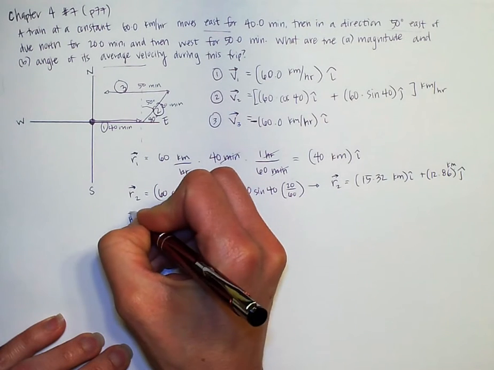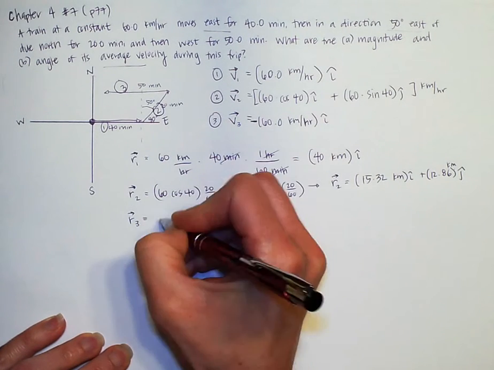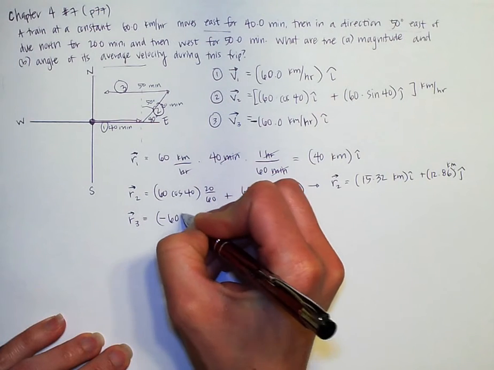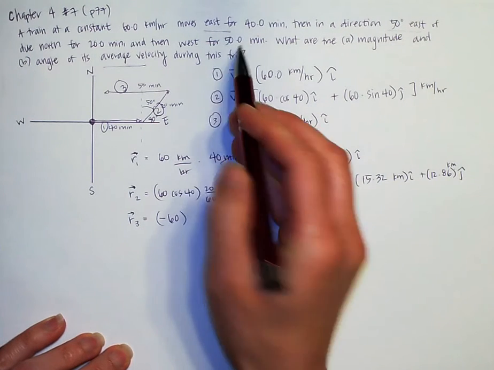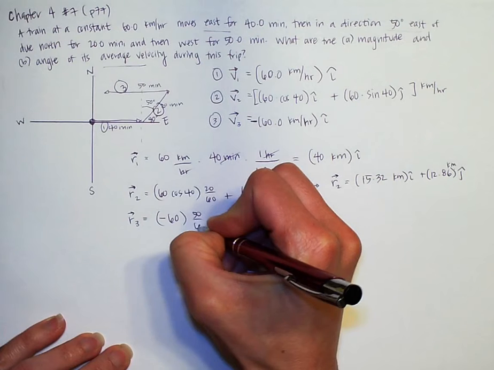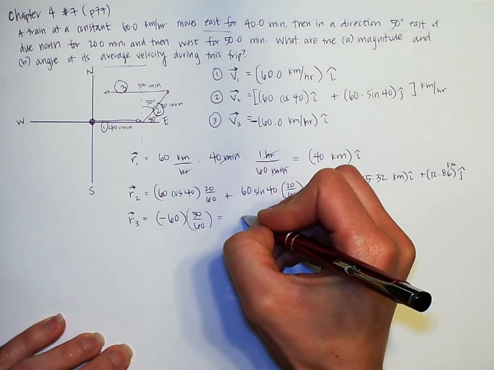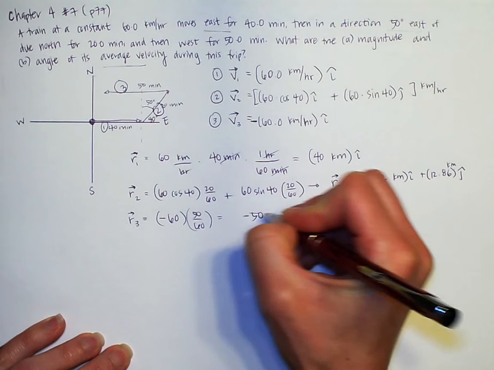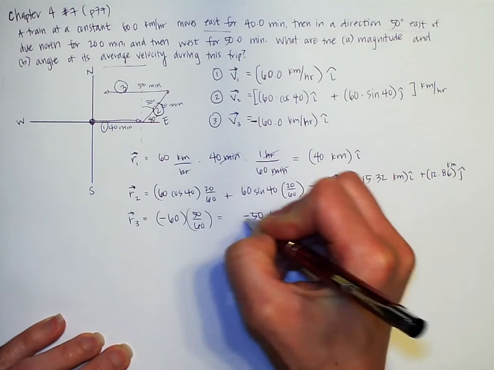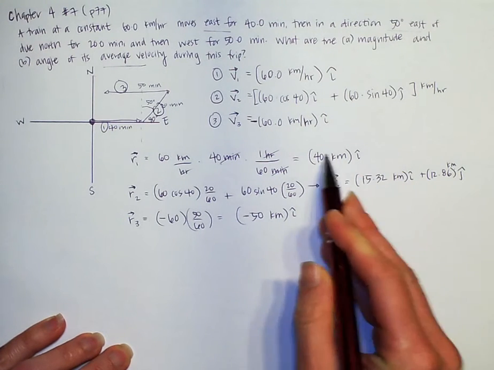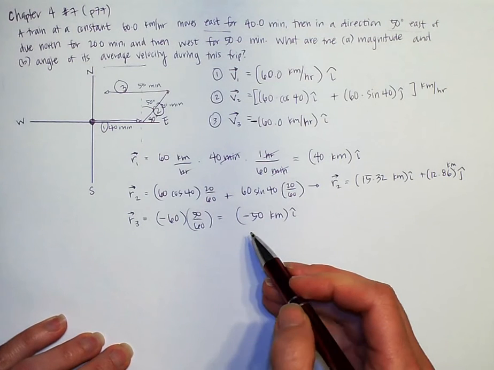So then our third segment, we are going to take our negative 60 times our time, which is 50. So 50 over 60 to make sure that we're in hours. And we find out that we are going negative 50 kilometers i hat. So now I have all three of my distances.